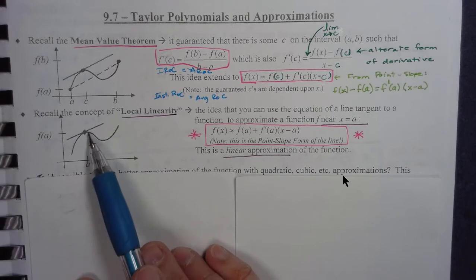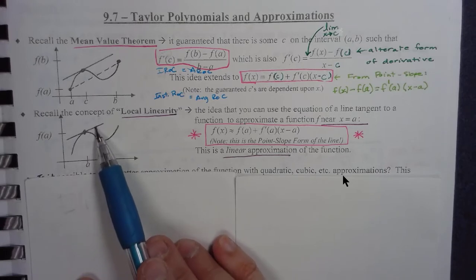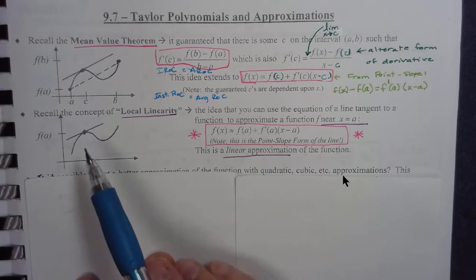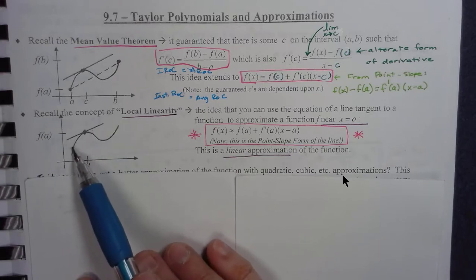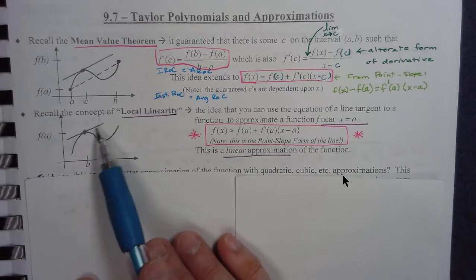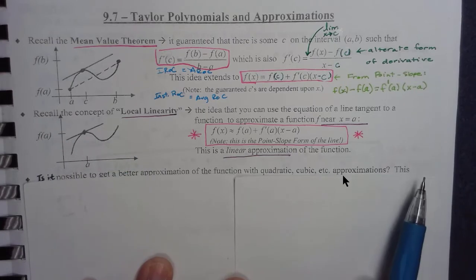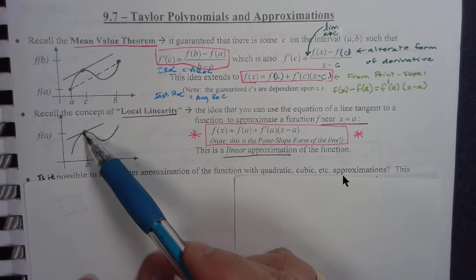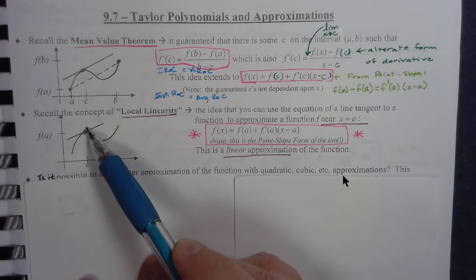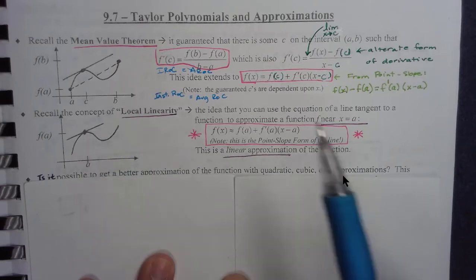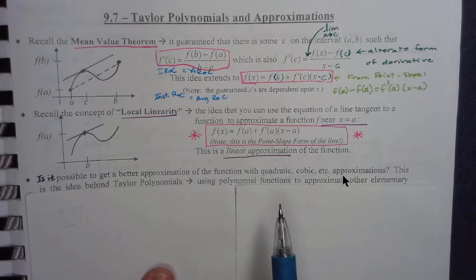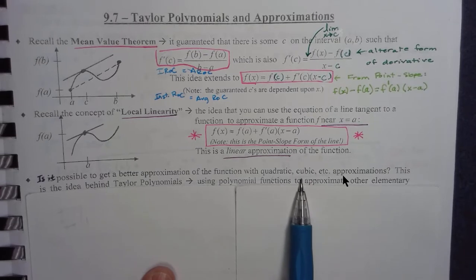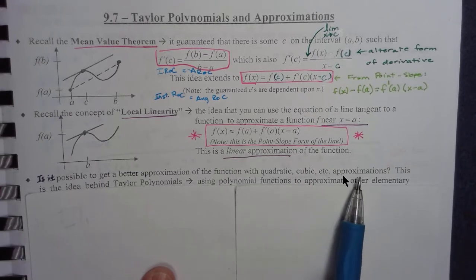Obviously, I don't want to move very far away from a to use that tangent line as an approximation because you can see that the function diverges from that tangent line pretty quickly. However, what could I do to get a better approximation in the neighborhood of a? What if I used a quadratic or a cubic function for approximations?